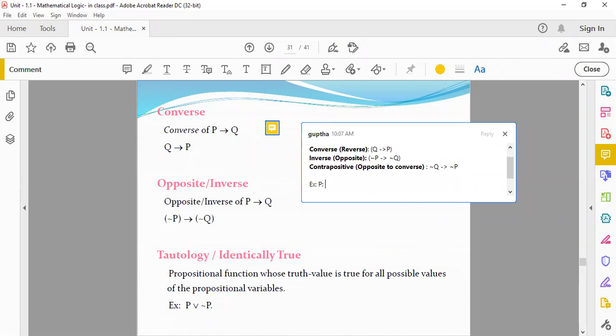Yes, I want to give you one example, guys. P: it rained, for example. And Q: the weather is good. Now tell me, what is the converse, guys?